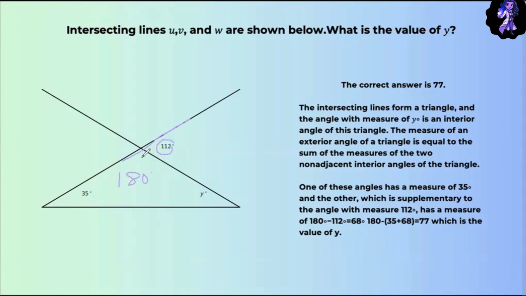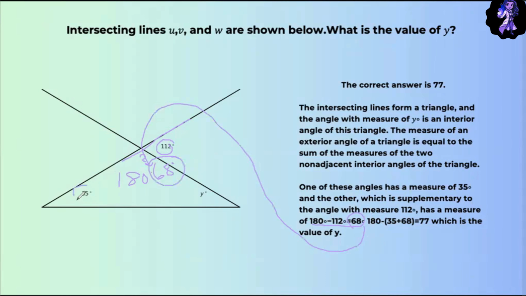So we can solve the angle listed here by subtracting 180 degrees minus 112 degrees, and that will give you 68 degrees. So 68 degrees is going to be the angle that's listed here.